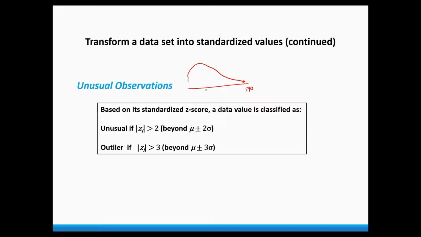We have a right skewed distribution, or the data were skewed to the right as the tail is long at the right. We had only one value, which is 170. So how can we know if 170 is really an outlier or not?